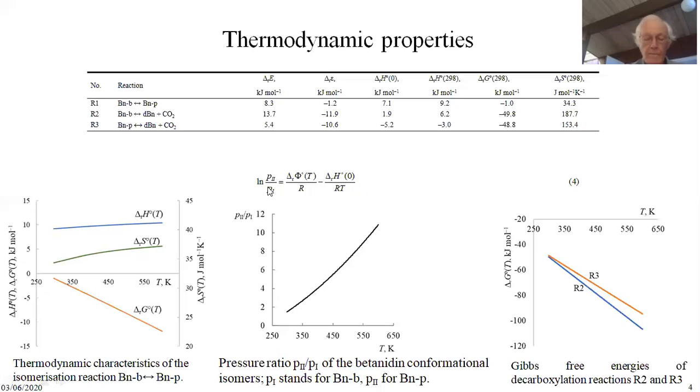The pressure ratio of the bent and the planar was also investigated as a function of temperature. Also, for the Gibbs free energy of the decarboxylation reactions, reaction 2 and reaction 3, as the temperature increases, the spontaneity was observed to increase.